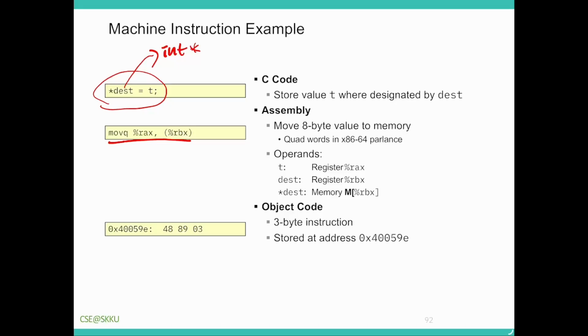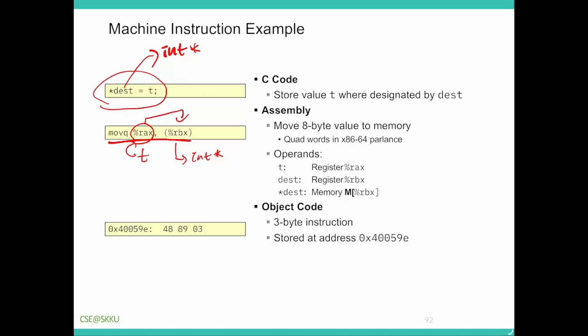We have a move instruction that moves t. T at the time of this execution is stored in register RAX, and this is being copied into a memory location pointed to by RBX. So we can see that the data stored in RBX is a pointer type.